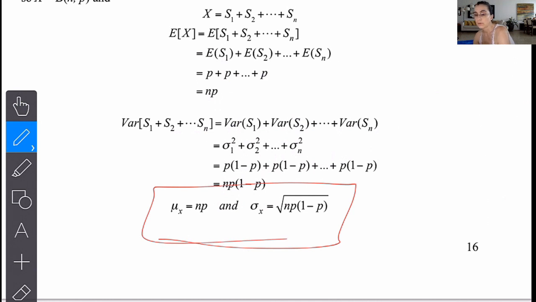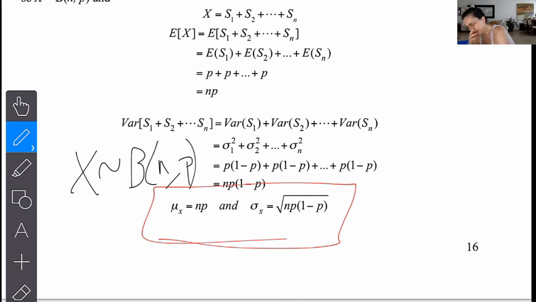These are the results of the mean and variance for a binomially distributed x. You don't have to memorize them, but it's handy to keep the formula sheet that's at the end of this unit at your side, so you can refer to it easily.